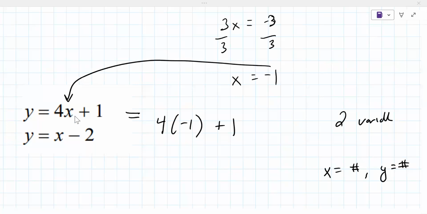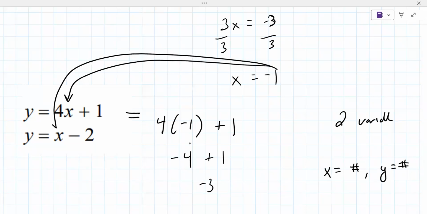Yeah, you're putting negative 1 in for x. And then do you have to solve for y? Yeah, that's what I'm trying to show you. 4 times negative 1 plus 1 is negative 4 plus 1, which is negative 3. Do you see that? Now, if you put it in the other equation, you get negative 1 minus 2, which is also negative 3, and they're supposed to be the same.